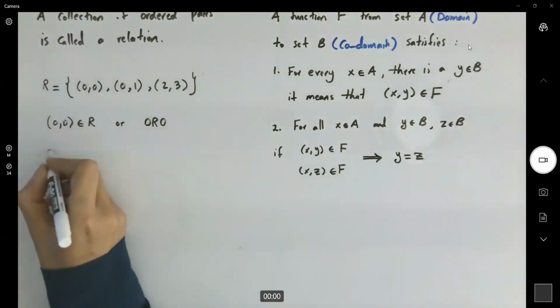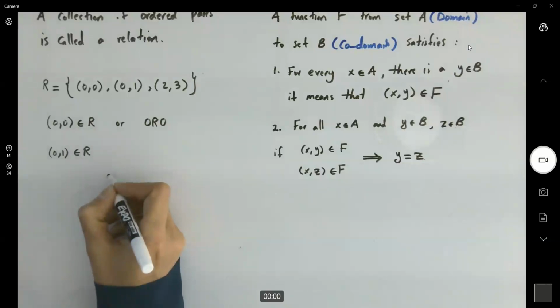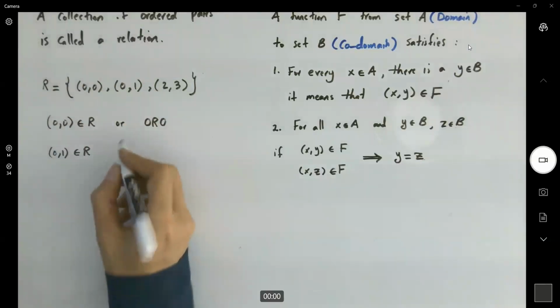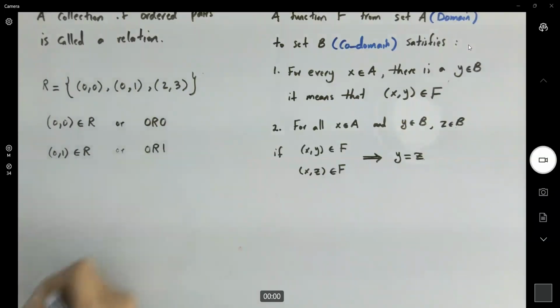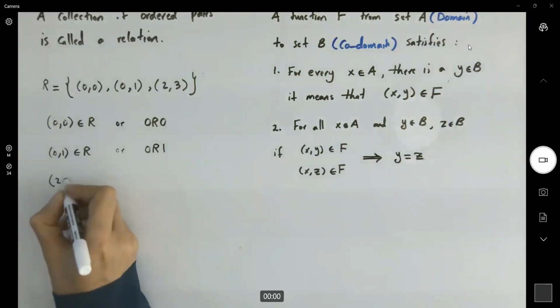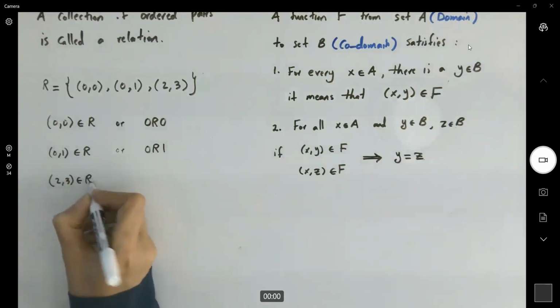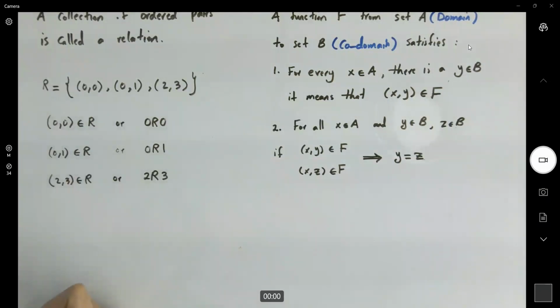You can write down (0, 1) belongs to relation R. Guys, a relation is just a bunch of ordered points. Or 0 is in relation with 1. You can write down point (2, 3) belongs to relation R, or 2 is related to 3.